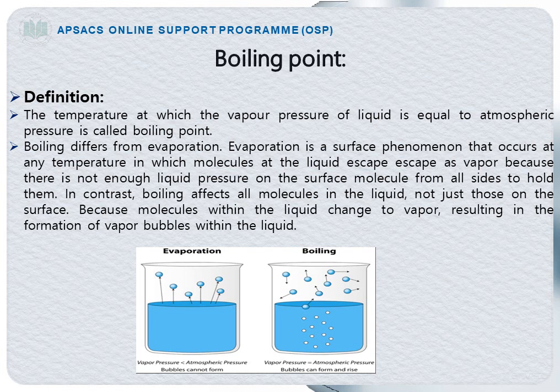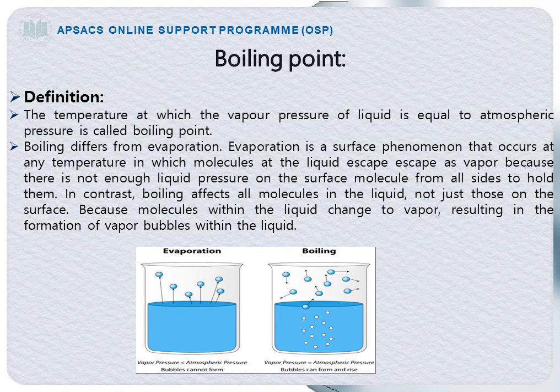Boiling is not a surface phenomenon. In the case of boiling, not only the surface molecules convert into vapors, but also the molecules within the liquid start converting into vapors, and because of the conversion of bulk molecules into vapors, bubbles form within the liquid. When bubble formation starts within the liquid, we say that the liquid starts boiling, and the temperature of the liquid at that time is called the boiling point.